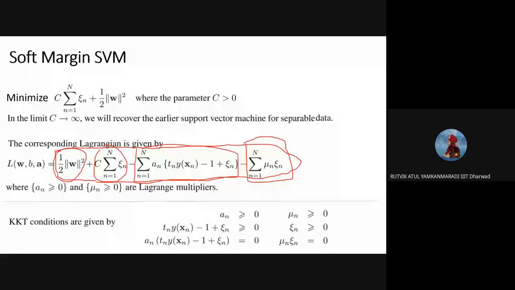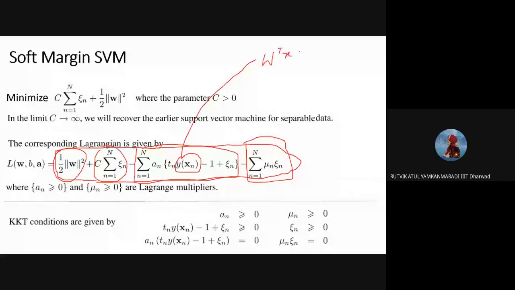So where is the b being used? What is your question? The Lagrangian of w, b, alpha. Where is the b being used? So b, actually, if you see your y, y can be written as w transpose x plus b.